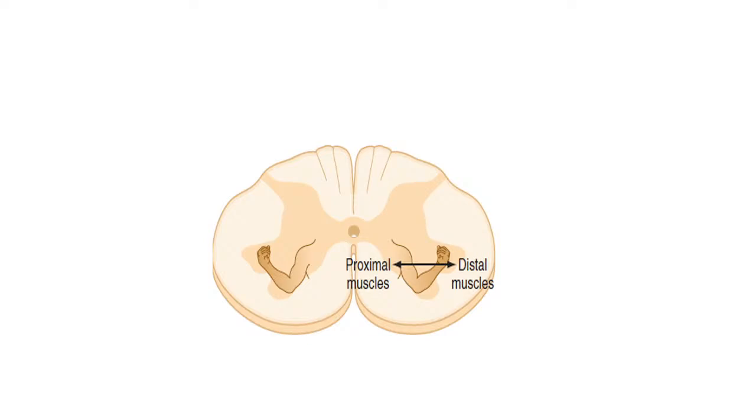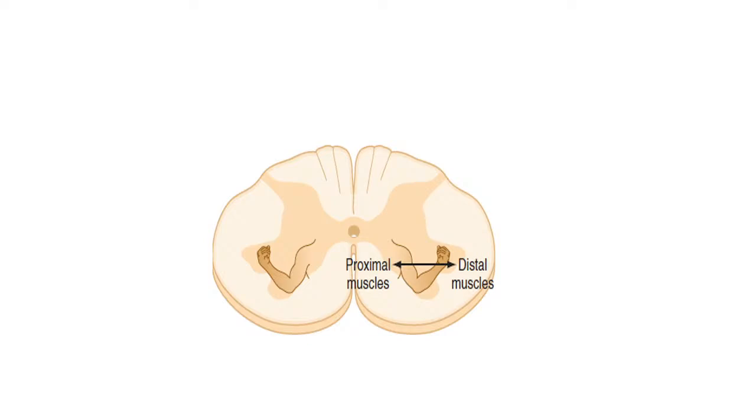Shoulder, midline axial muscles, shoulder, arm, forearm and palm. What does it signify? क्या बता रहा है? दोनों तरफ, ये एक राइट हैंड है, ये लेफ्ट हैंड है. ये क्या लिखा है? प्रॉक्सिमल, ये डिस्टल. बताओ, ये जो है इसके बैकग्राउंड में ये एंटीरियर ग्रे हॉर्न है.